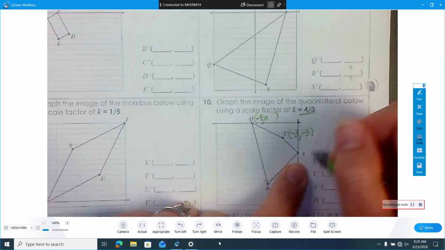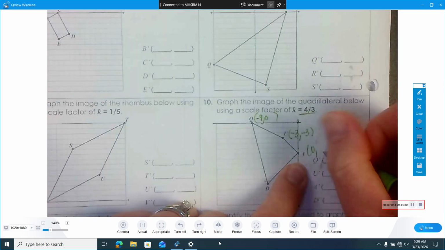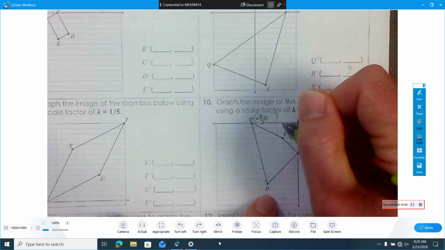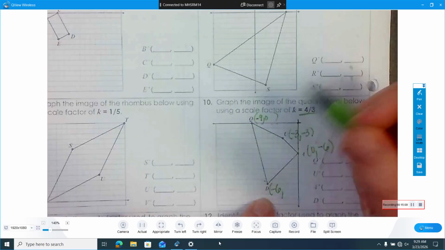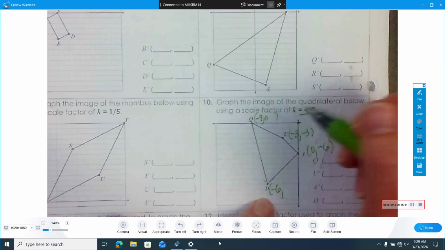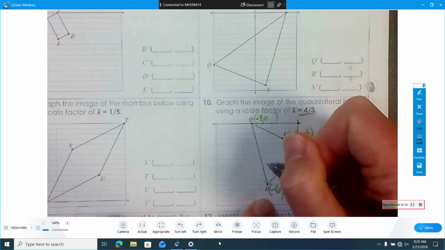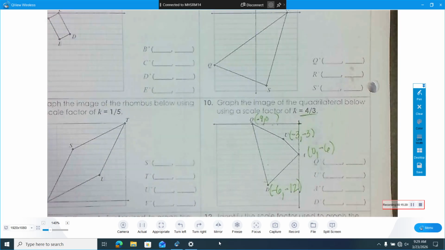A would be at 0, comma, negative 6. And D, 1, 2, 3, 4, 5, 6. So D is at negative 6, comma, I agree, negative 12. Okay.